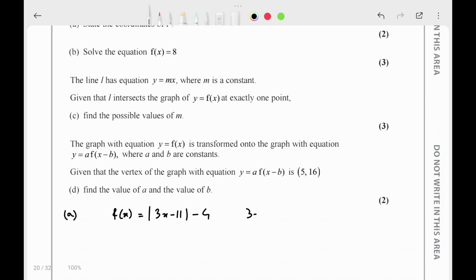So 3x minus 11 is equal to 0, or x is equal to 11 by 3. And accordingly, y would be equal to 0 minus 4, so that's minus 4.